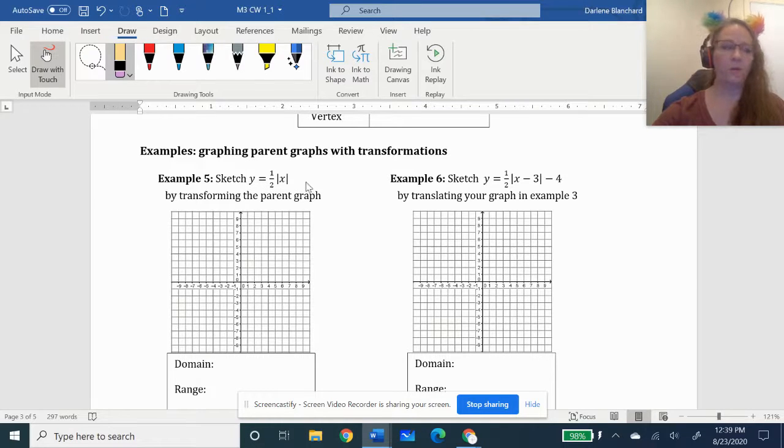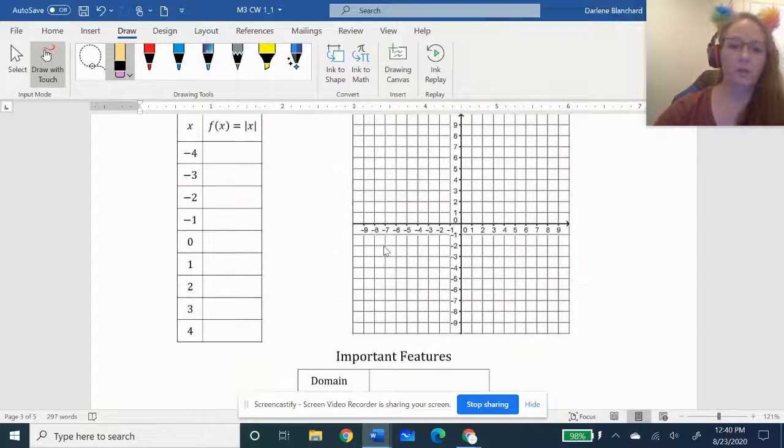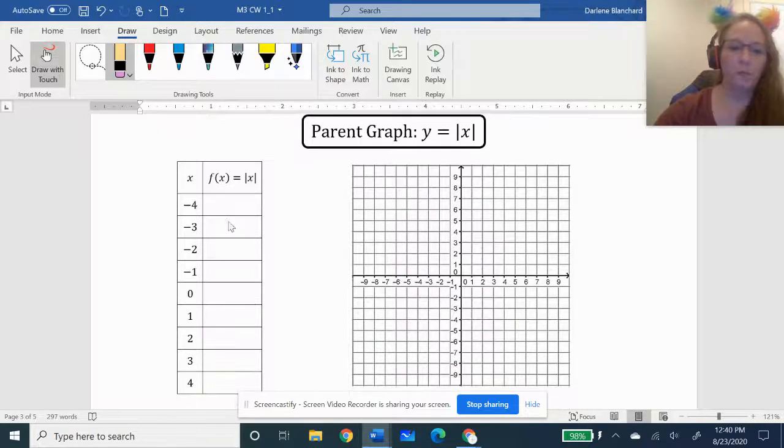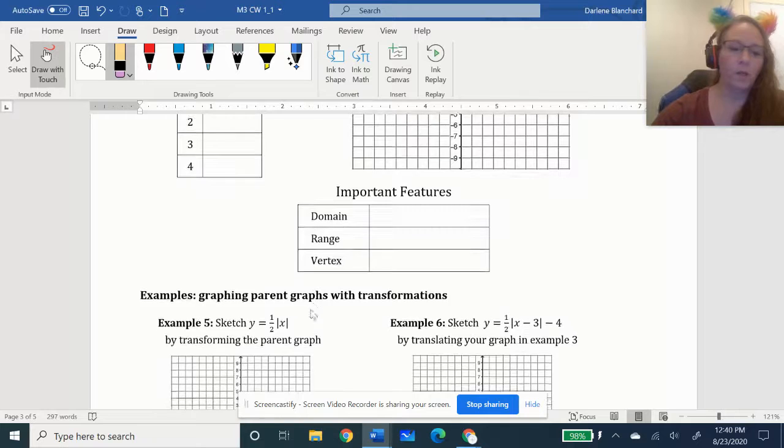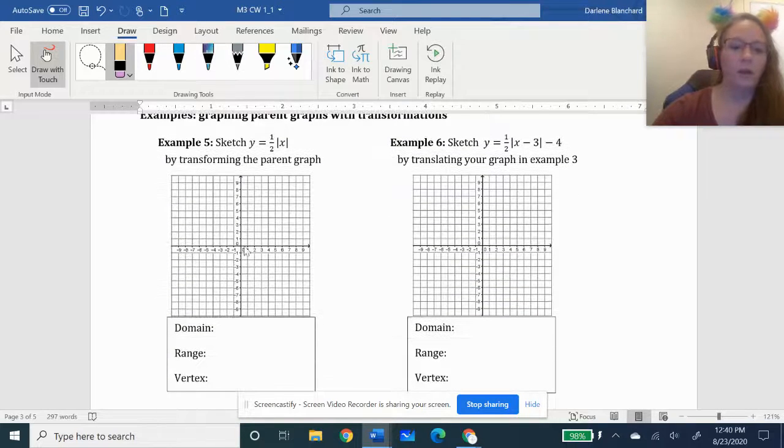Multiplying by 1/2 makes you think squash, and it does. So it squeezes everything toward the x-axis. So what you can do is multiply all the y coordinates that you had gotten from the parent graph by 1/2, and then keep those x coordinates and draw them.